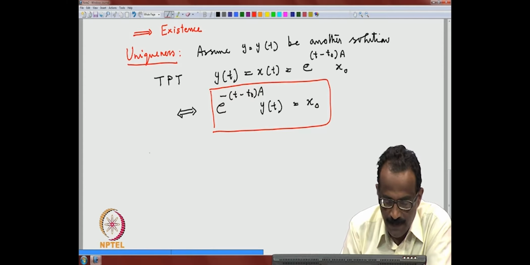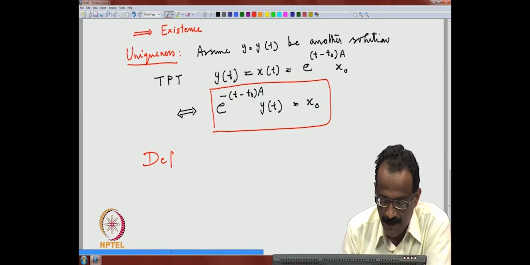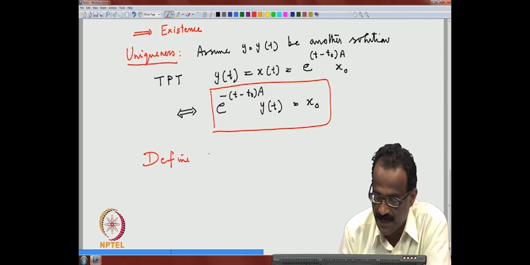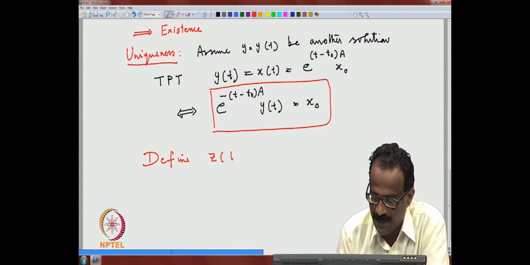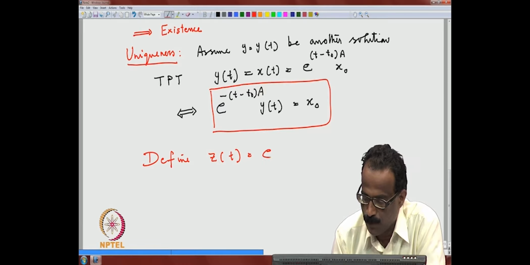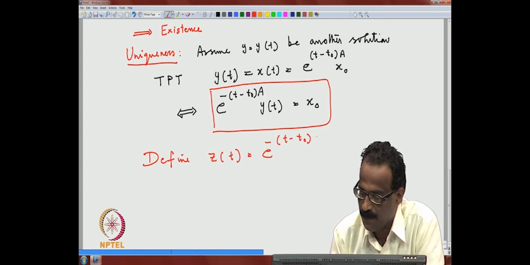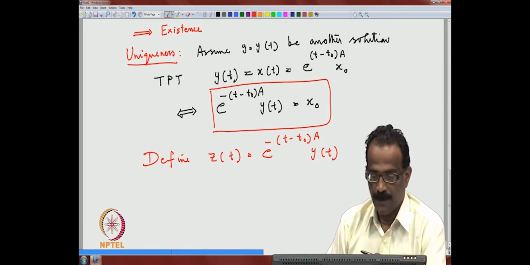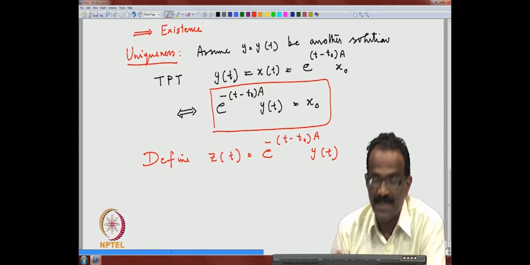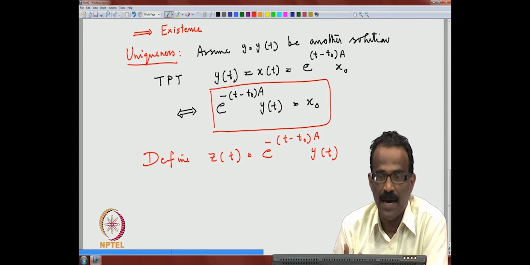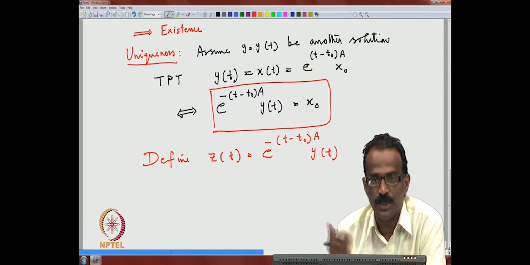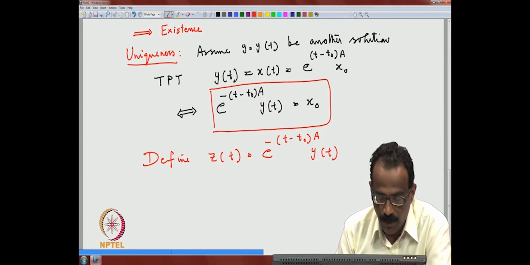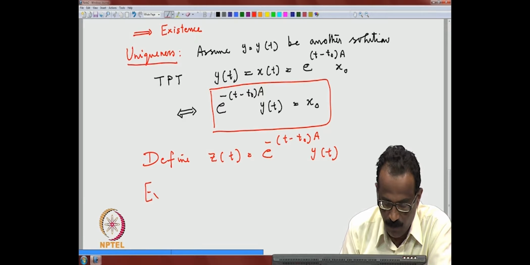So, define the left hand side as Z t, Z t equal to e power minus (t minus t naught) a times y t. What I have to prove is that Z is a constant in t and that constant is nothing but x naught. Here is an exercise again for you.